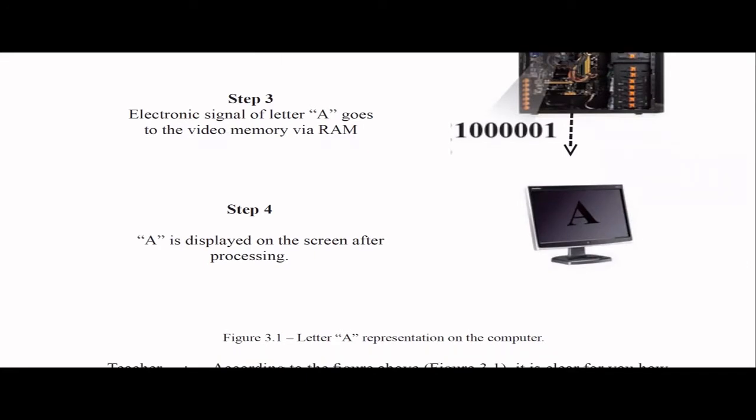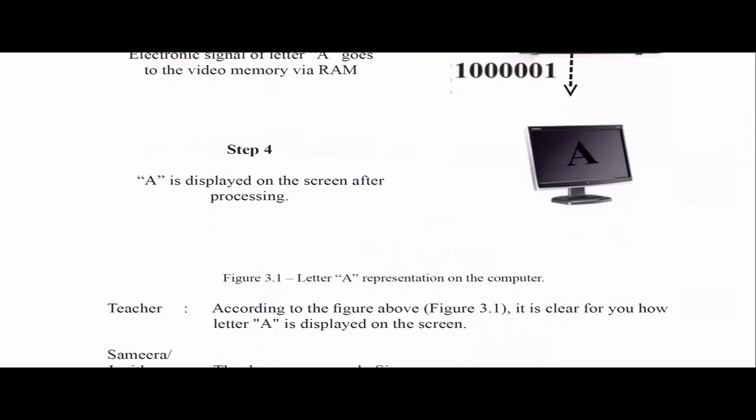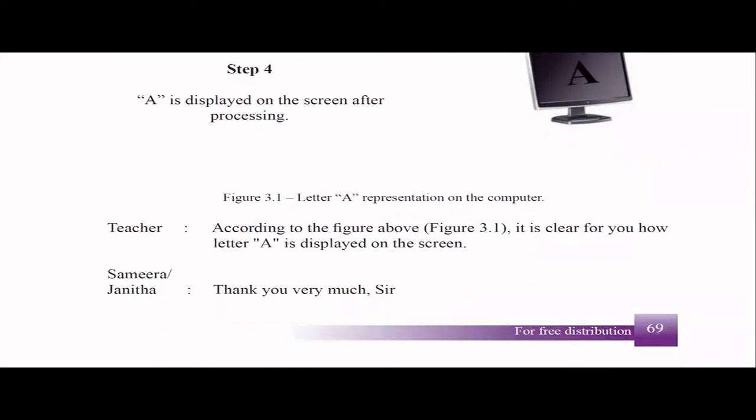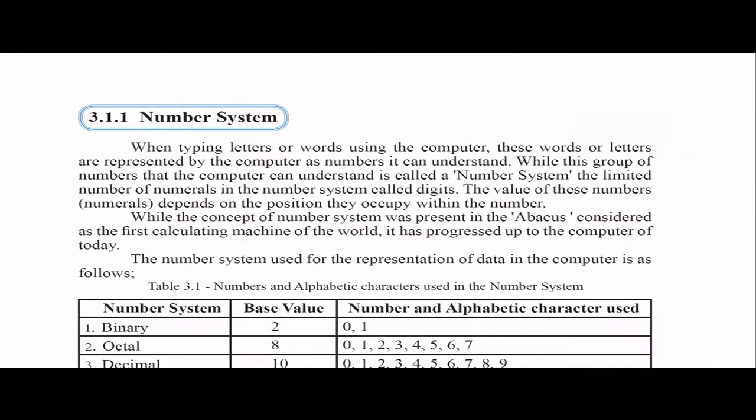So after you type that, the letter A will be displayed on your screen because the monitor is acting as an output device. So based on this, the letter A is not represented as letter A itself; it is converted to a binary number, and only then is it displayed again as letter A. So we will learn this number system because it's very important, as computers use numbers to represent all these things, all the letters and words.